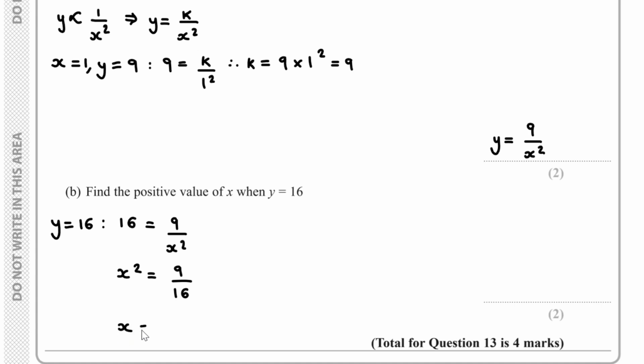So therefore x is equal to the positive square root. Well, technically when we square root here, we're going to have plus or minus the square root of 9 over 16, so we've got plus or minus 3 over 4. We want the positive one. So x is equal to 3 over 4.